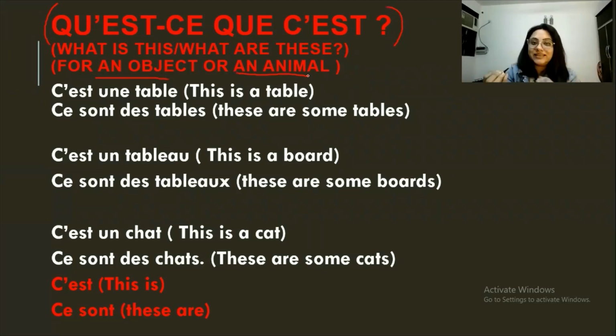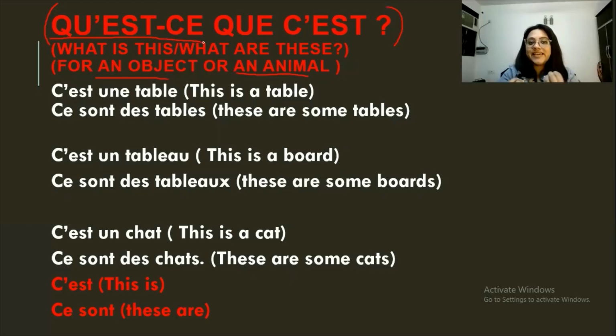Qu'est-ce que c'est? Now, the literal translation is, what is this or what are these? So for both singular as well as plural, we have just one question in French, that is, qu'est-ce que c'est? What is this or what are these? Let's understand the pronunciation of this question properly.